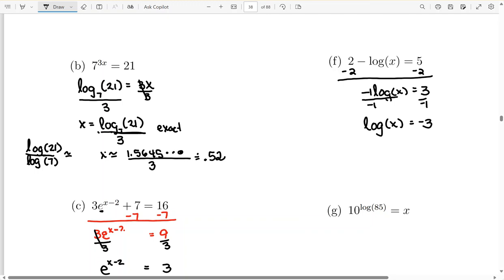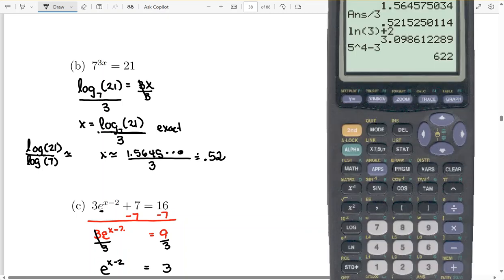So to get rid of that, I need to rewrite. So it's 10, because the base is 10, to the -3 equals x. That's my exact. Now 10 to the -3 comes out 0.001.